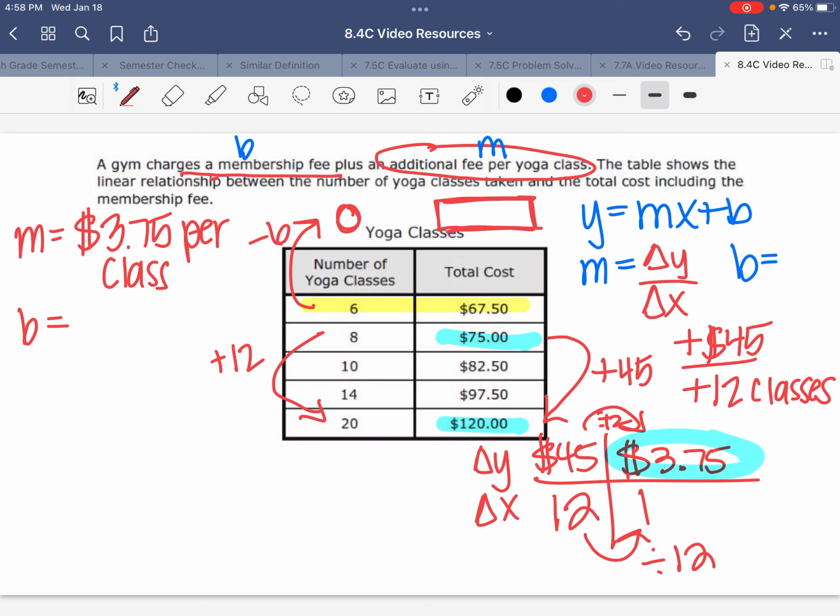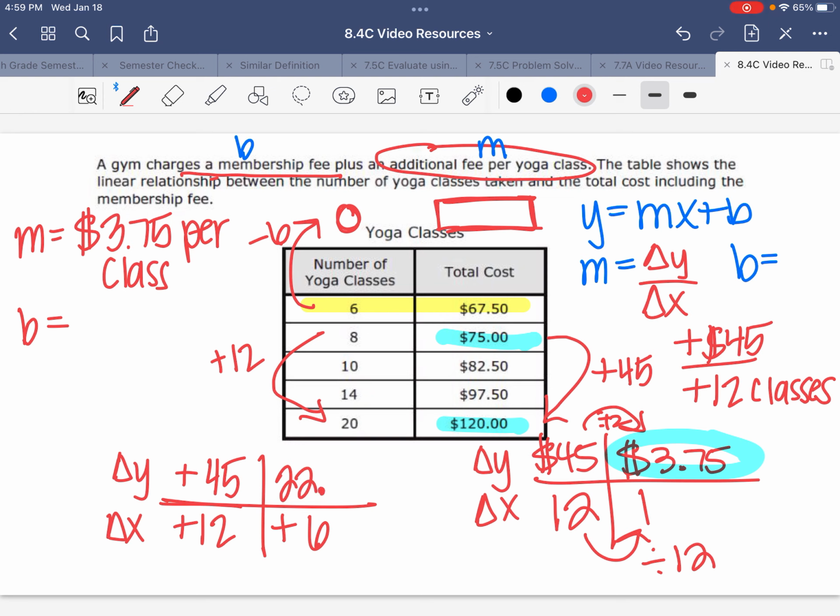Well, if I'm working backwards, when I add 12, I have to add 45. So when I increase by 45, I'm increasing by 12 for my comparison of change in y to change in x. Then that means for an increase of 6 to x, I would increase by 22.5 to y because it increases at that same rate.